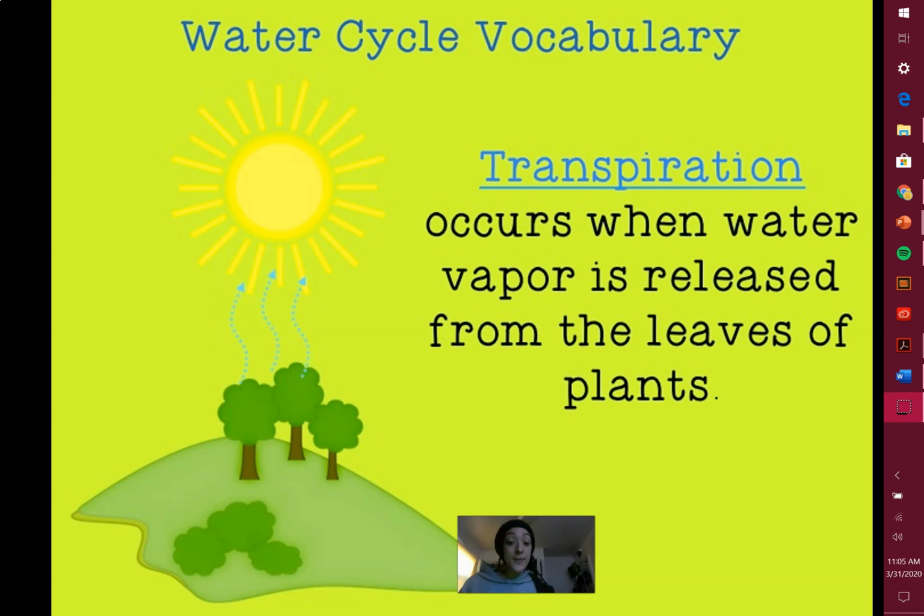So trees and plants are doing the same thing. When they are releasing oxygen out into the air, they're also releasing some of their extra stored up water as gas. It's almost like they're exhaling just like we are. So this is called transpiration.